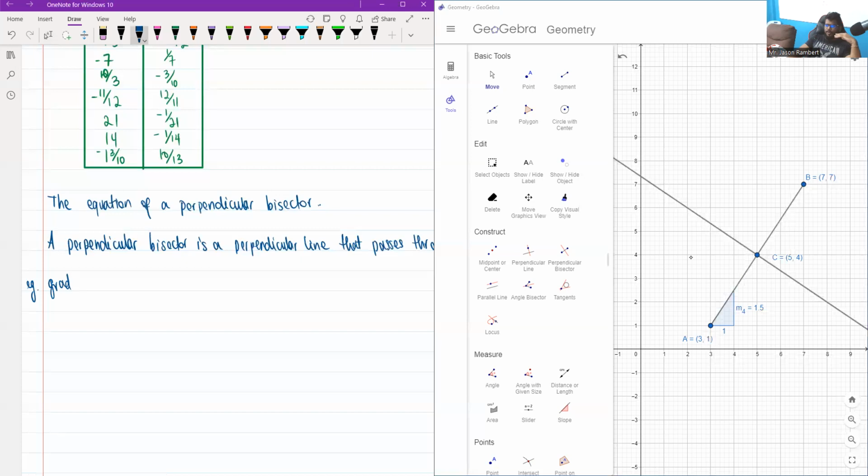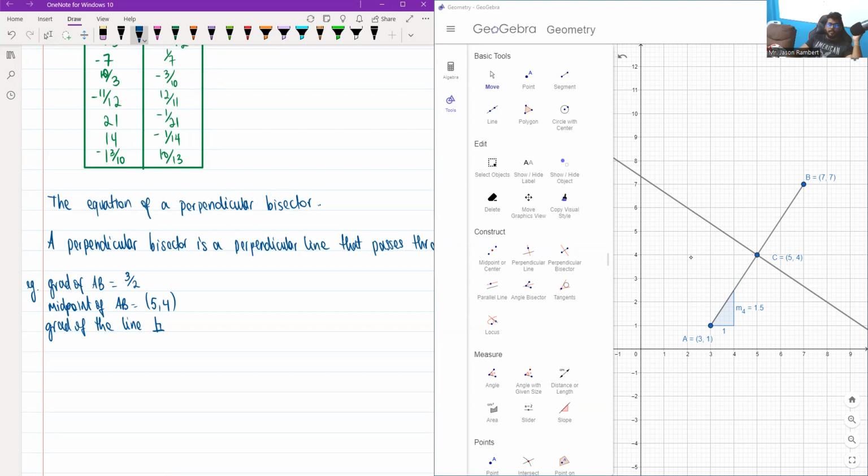You all told me that the gradient of AB was 3/2. You all told me the midpoint of AB was 5, 4. You all told me that the gradient of the line perpendicular to AB was -2/3.